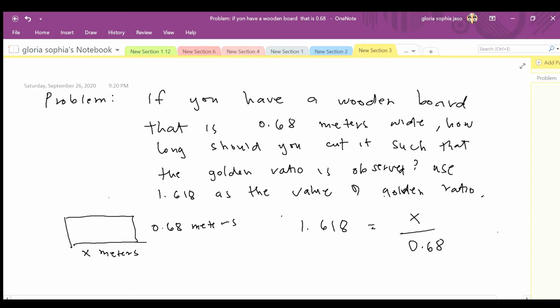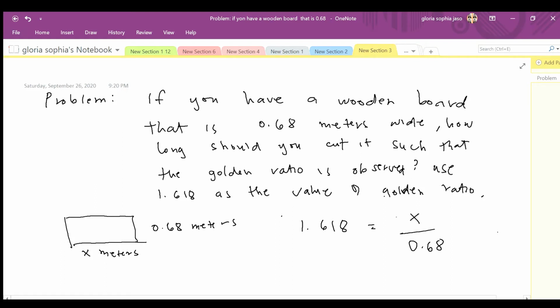So, suppose class, we have this cardboard and the width is 0.68 meters and length is x meters. So, how long we should cut it so that the golden ratio is observed? So, our working equation class is 1.618 equals x over 0.68 since length is greater than the width.